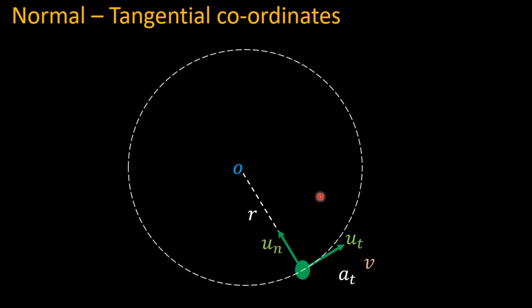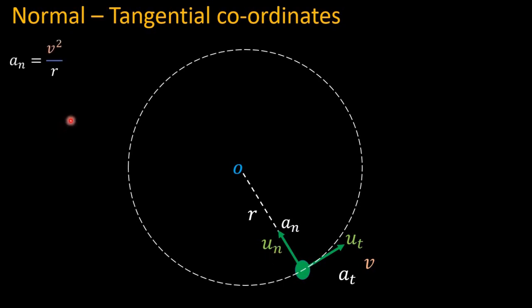We knew from before that a sub t acts tangent to the path. So if we multiply a sub t by this unit vector, we get its direction, and so does v. v also acts in the direction of u sub t, and a sub n, the centripetal acceleration, is acting in the direction of u sub n.